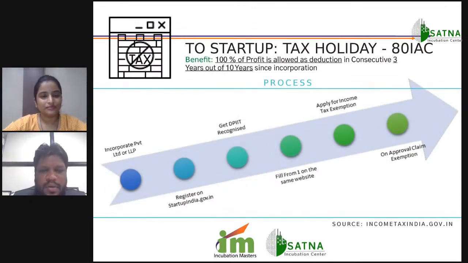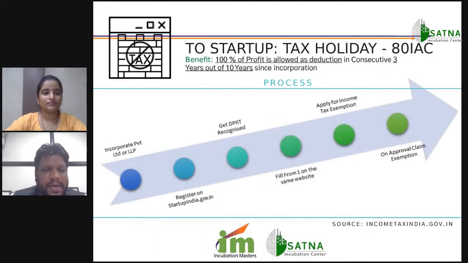So here is a small presentation to show how things will go and how you get the approval from DPIIT. First you have to incorporate your private limited company or LLP through the Ministry of Corporate Affairs website, MCA. For a private limited company, 2 directors and 2 shareholders are the minimum, and for an LLP, 2 partners.